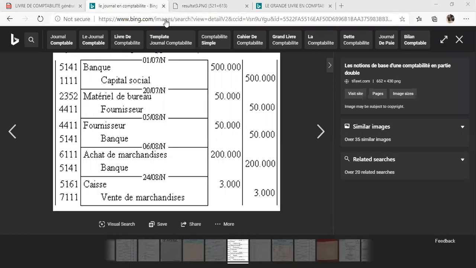But if you find that you don't have an equality between the two, you can counter check your work or try to compensate for it with a solde. And then lastly, the last characteristic is that there's a document.